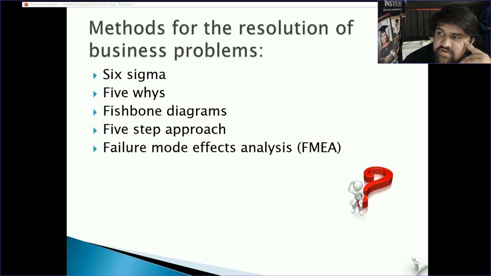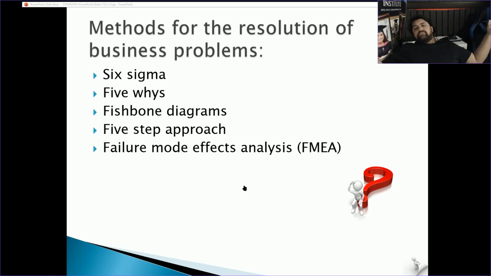So if we're going to use the 5 Why technique, we're thinking about the same kind of thing. Let's say we're looking at why is this happening?